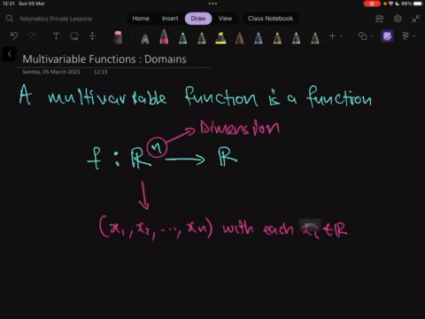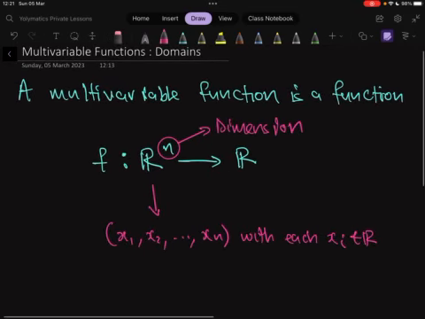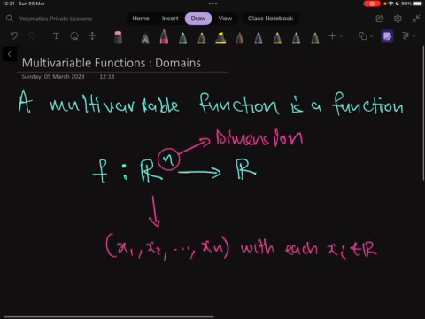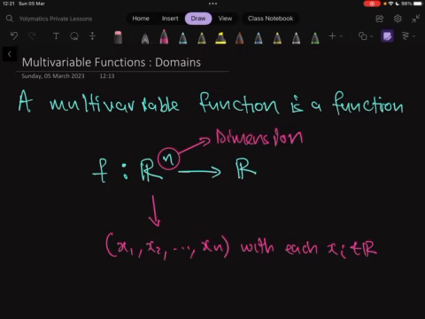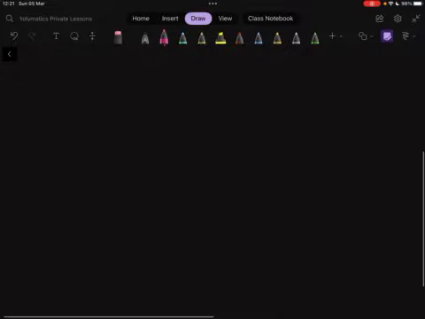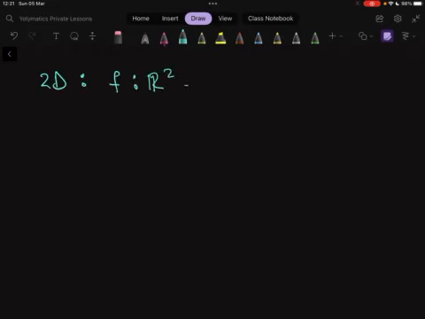Now let's see examples of functions that we refer to as multivariable functions. In 2D, a multivariable function is just a function which takes R^2 and returns a real number.